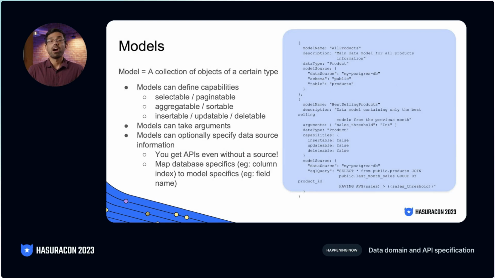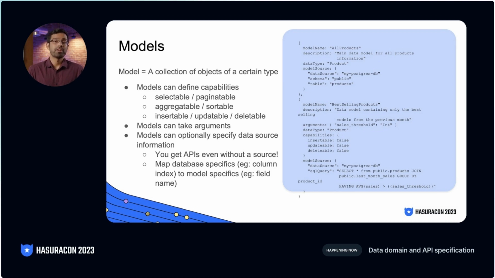Next up are models. Models are the primary mechanism of accessing data inside OpenDDS. A model is defined as a logical collection of objects of a certain type. Now, this may be backed by a real database table, or an ad hoc SQL query, or some custom APIs, or even by mock data.